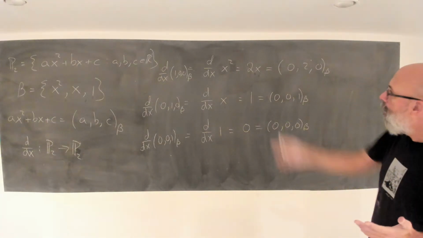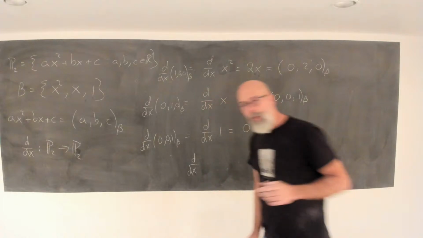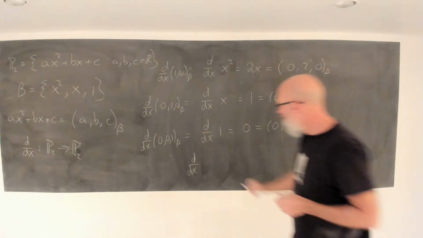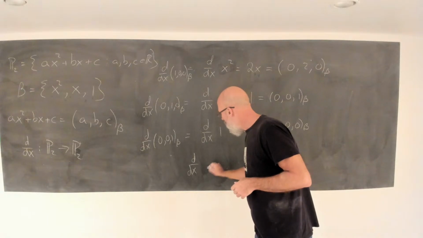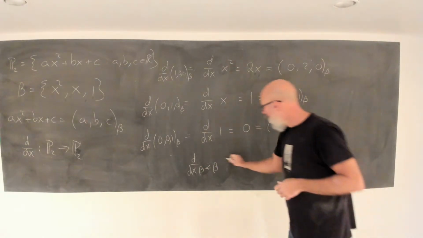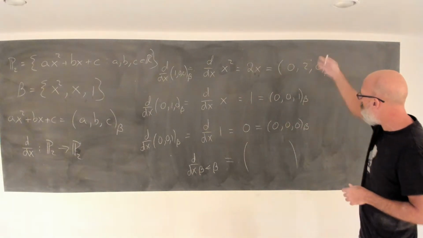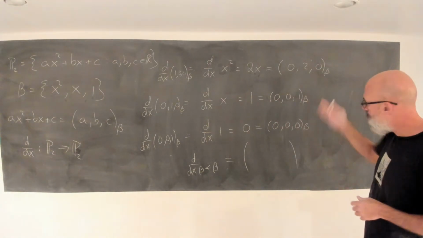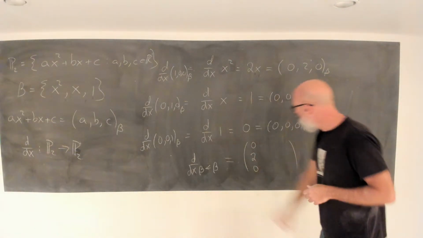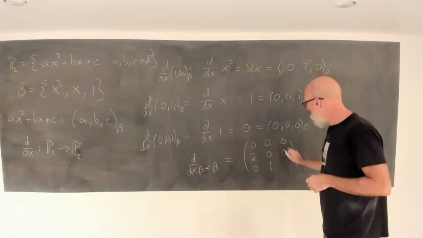So your derivative, your linear transformation, viewed as going from the basis B to the basis B, has matrix representation, these things as columns: (0, 2, 0), (0, 0, 1), (0, 0, 0).